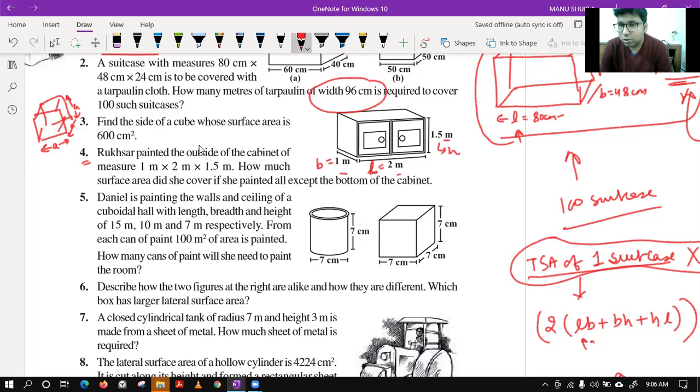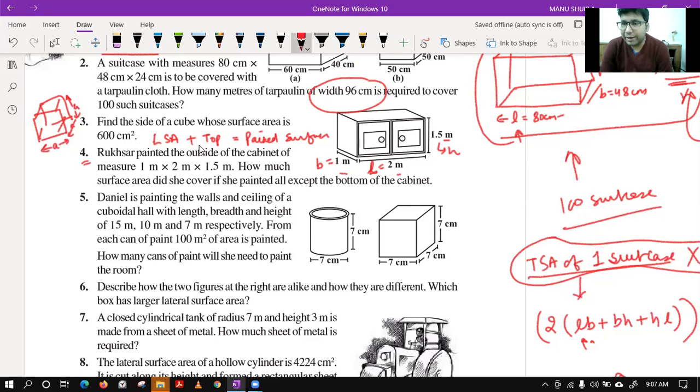Fine. So the answer for this statement is, area of 4 walls or LSA plus top is equal to required painted surfaces. This is the story of this question.